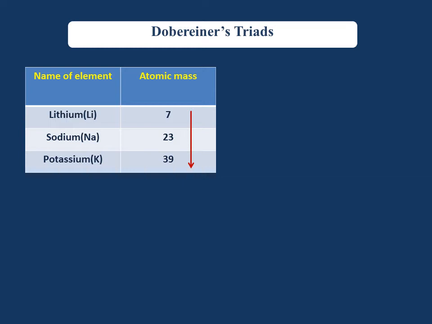For this group, if we arrange the elements in order of increasing atomic masses like this, then the average of lithium and potassium is equal to that of the middle element sodium, which is 23.